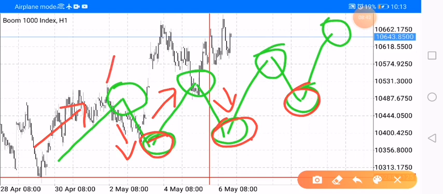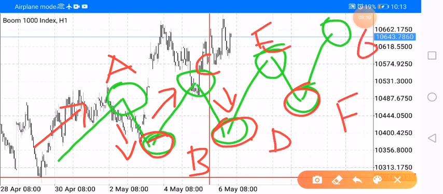So let me name them: A, B, C, D, E, F, G. Okay, so A is a low, C is a low, but C is a higher low. A is a high, C is a high, but C is a higher high than A because price is not at the same position.